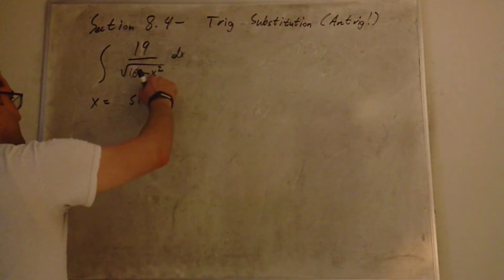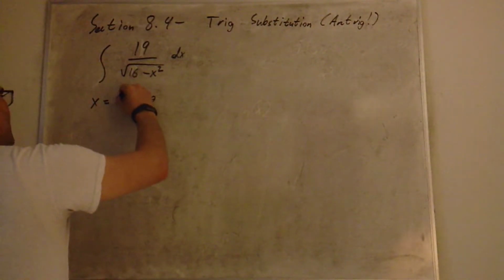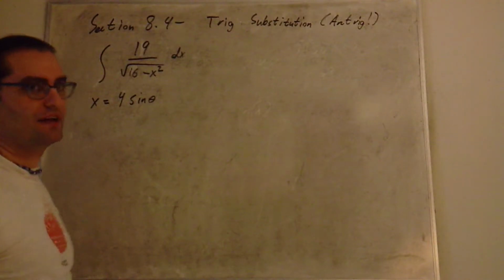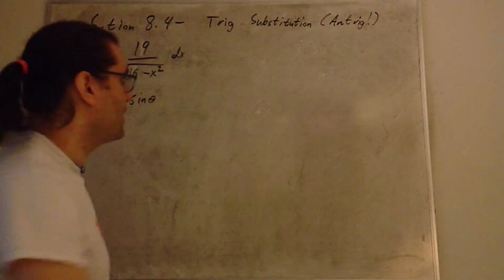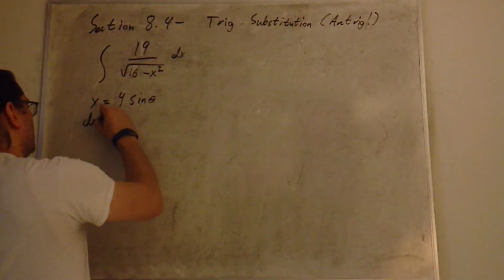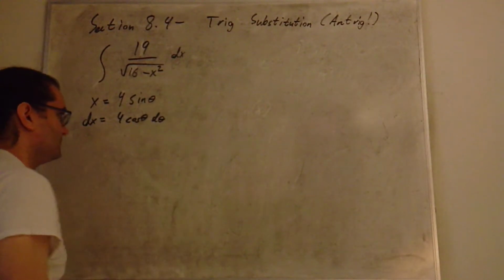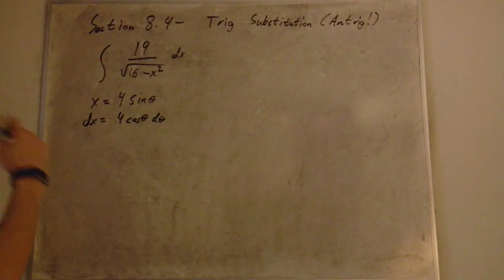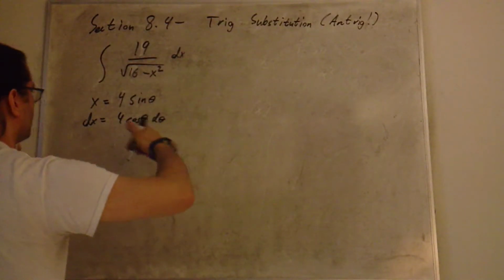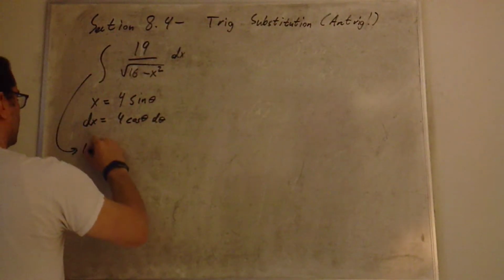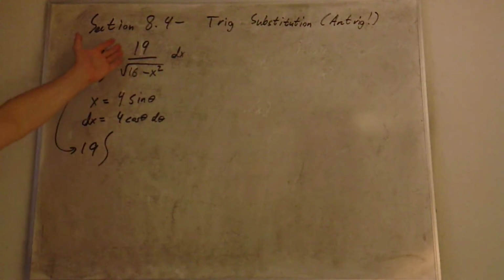So if I want a 16 in this piece, I'm going to have to set x equal to 4 sine theta. And then dx will be 4 cosine theta d theta. And let's see what happens with the substitution now. I'm going to take the 19 outside. 19 was never really going to affect this at all.